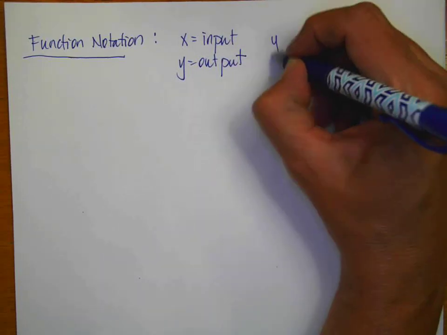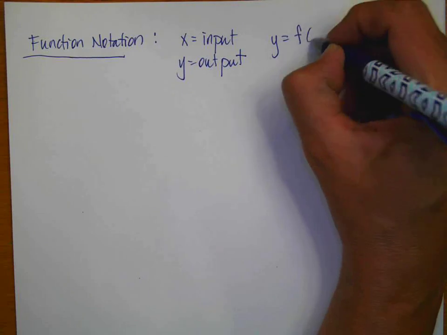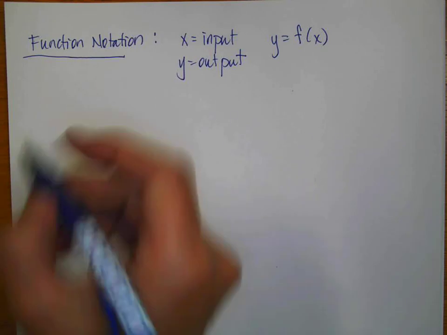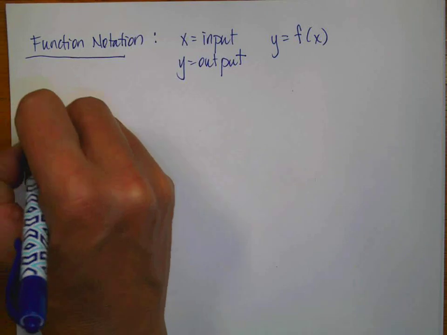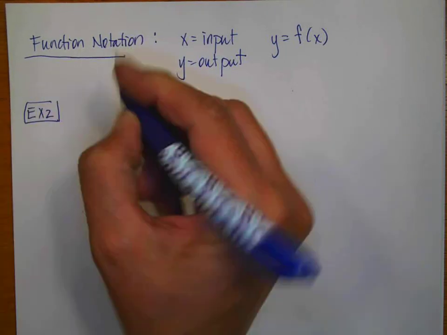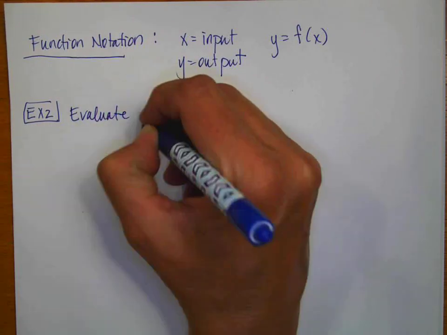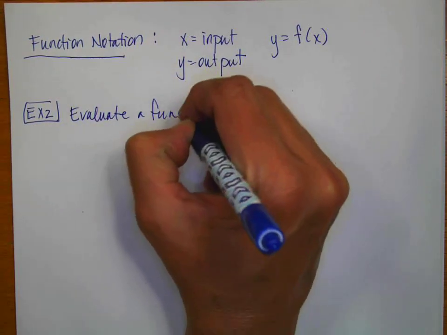And so the notation might be y is equal to the function evaluated at x. So that might be some notation that you can see. All right, so let's do an example. This is example 2, and it says we are going to evaluate a function.